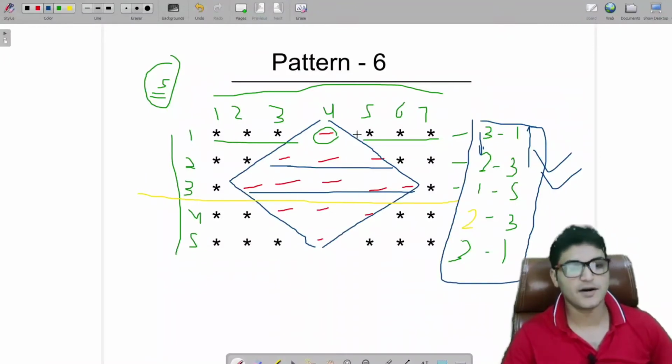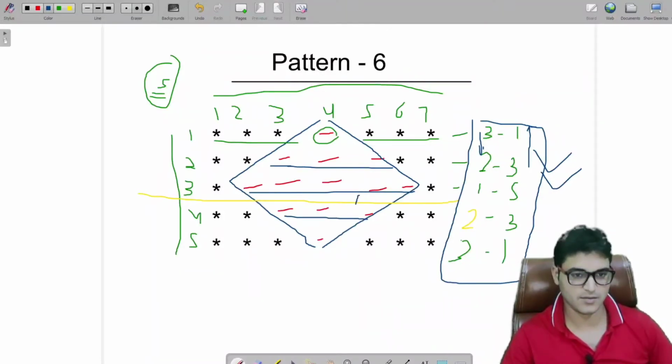So this is the part of the first half. And for the second half, we have 5 spaces at the last row of the first half, and in the first row of the second half we have only 3 spaces, which is 2 less than the previous row, and in the exact last row of the whole pattern we have only 1 space. Same goes for stars also. We have 3 stars, and in the second row we have 2 stars.